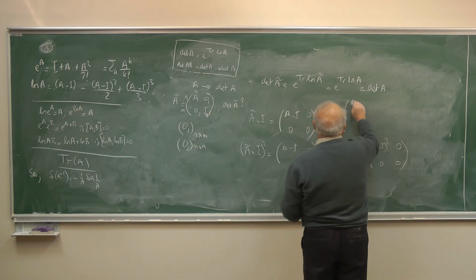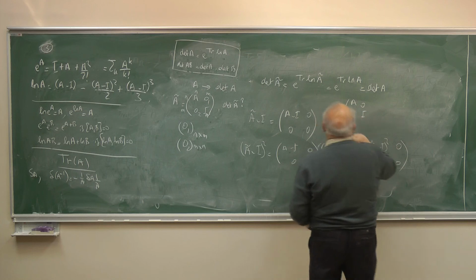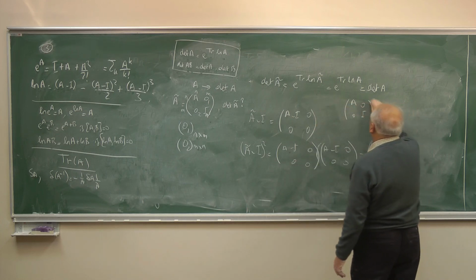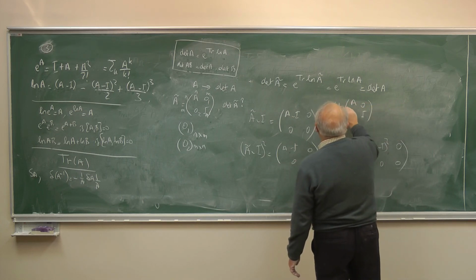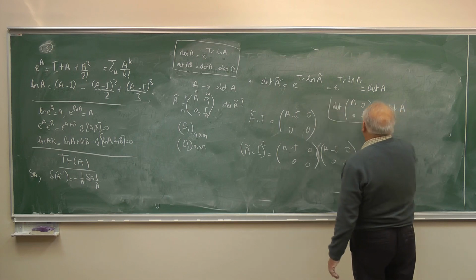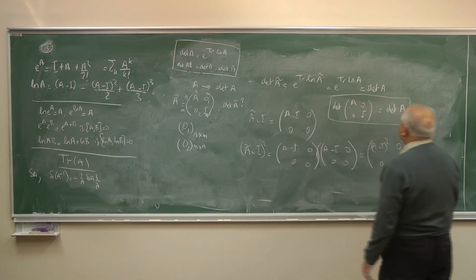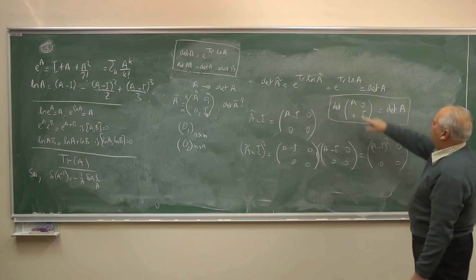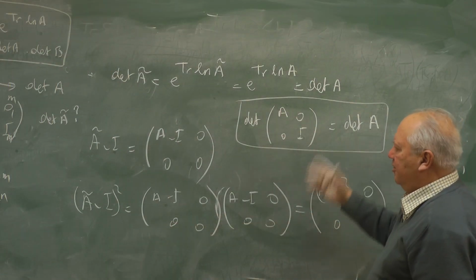If you have a matrix A, 0, 0, I, where this is n by n and this is m by m, the determinant of it is equal to determinant A. Also, you can put I here, A here, it will be the same.